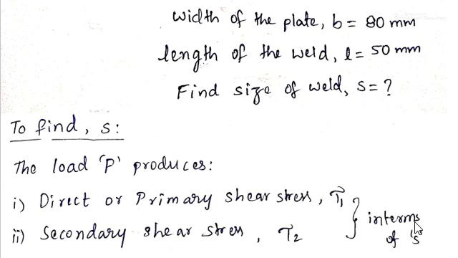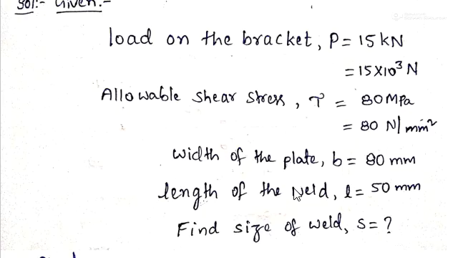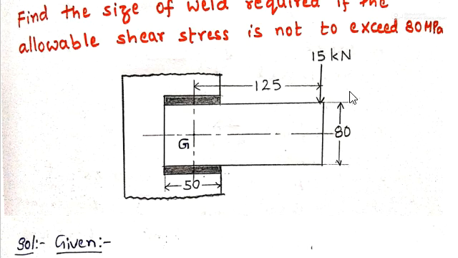So here, to find out the size of the weld, first of all let us analyze what this force will do to this weld system. This force is acting here like this, and this will produce a direct or primary shear stress in the weld sections, and also because of eccentricity of loading about the center of gravity, it will produce a secondary shear stress in the weld section, because this load is trying to rotate this bracket about the center of gravity.